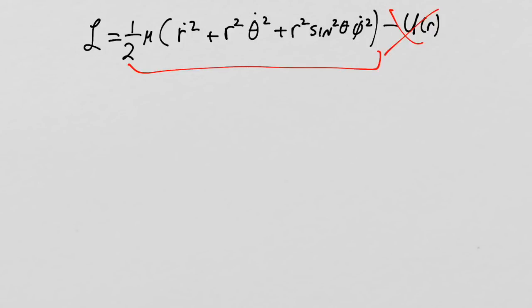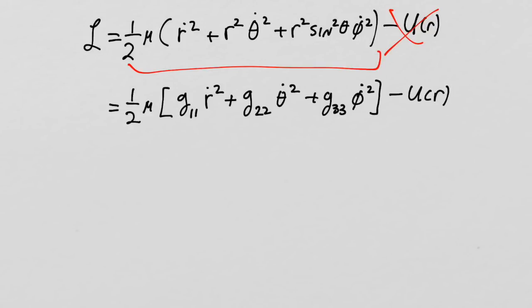But let's look at the way this kinetic part of the Lagrangian is constructed. We can take the terms that are in front of the kinetic pieces, meaning the first derivatives of the independent coordinate variables.